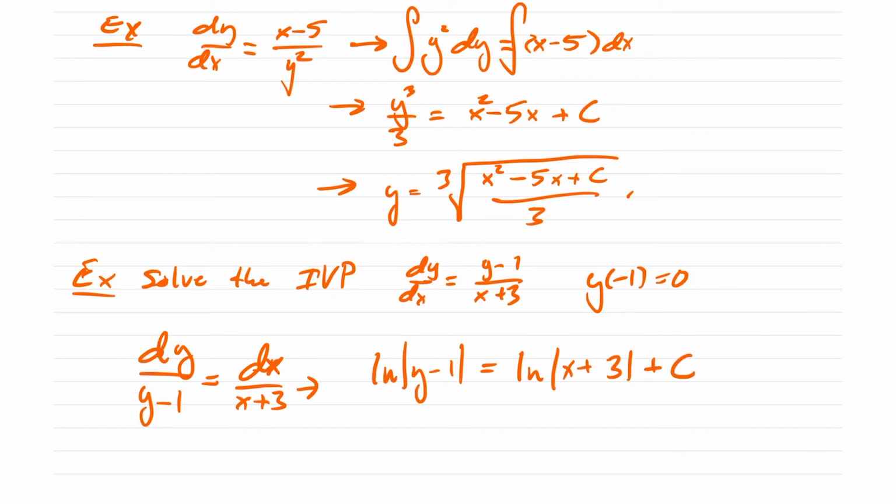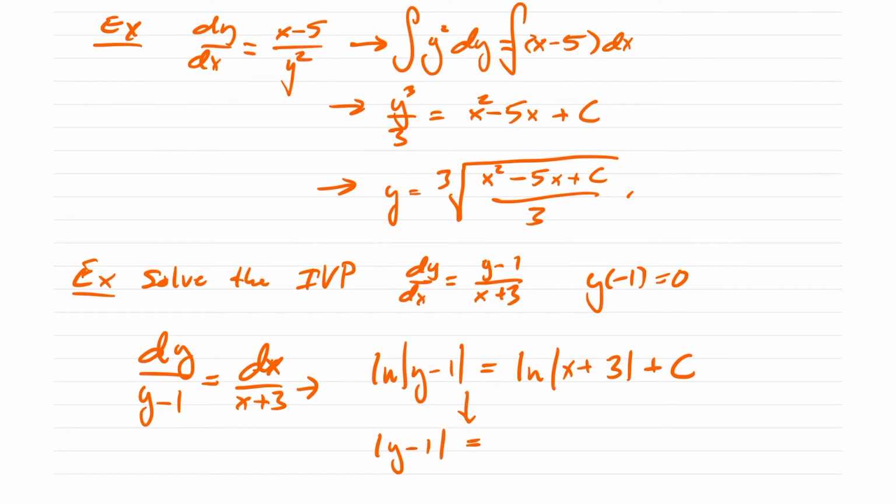Okay, so now we're left with trying to decide if we should have something in absolute values. First of all, we can get rid of these natural logs. That's something we can do pretty quick. So I can exponentiate both sides, and that's going to leave me with y minus 1 here in absolute values.